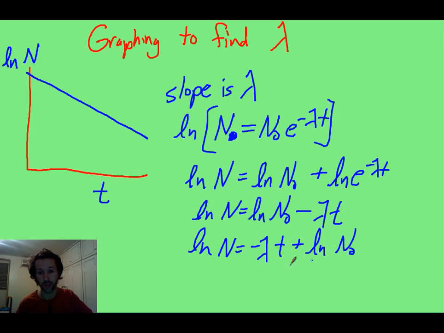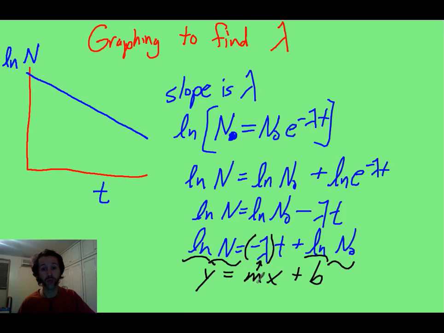That wasn't a really amazing rearrangement there. And then, let me just switch colors here. So the form of y equals mx plus b. Here's your straight line. That's your y-axis. Here's your intercept. And here is your slope. And that's why the slope of this tells you lambda.